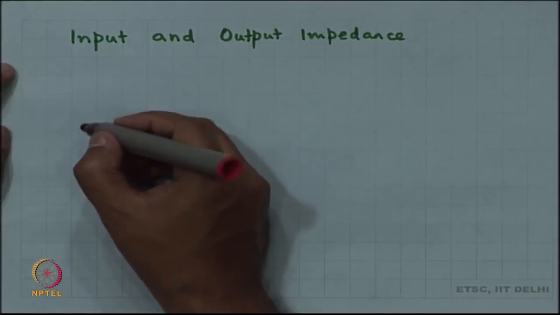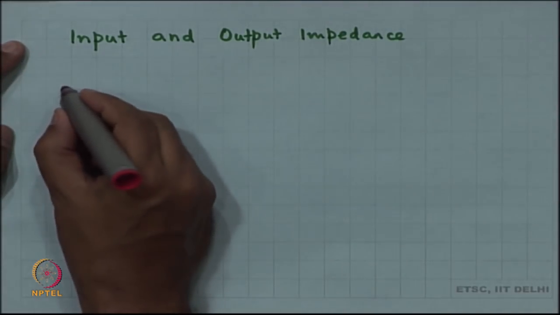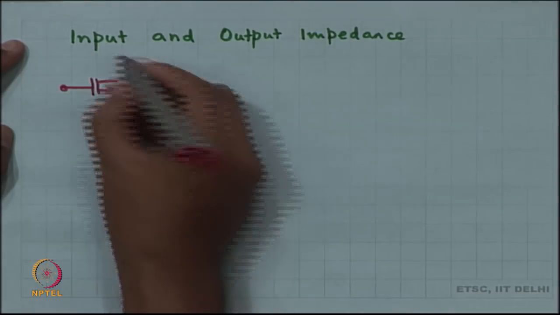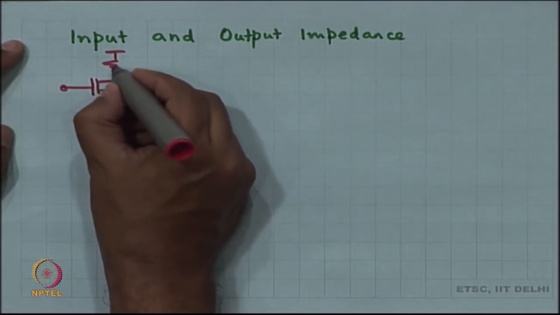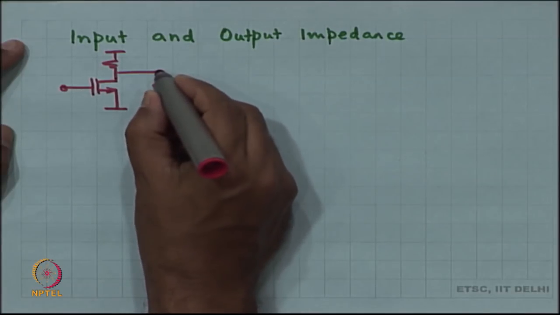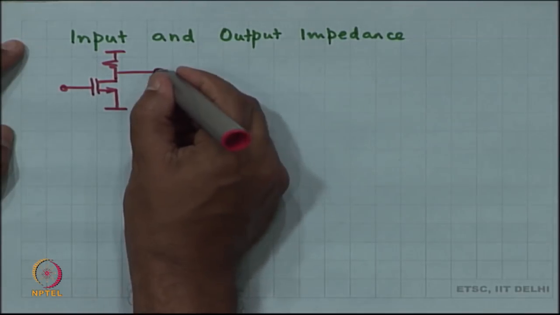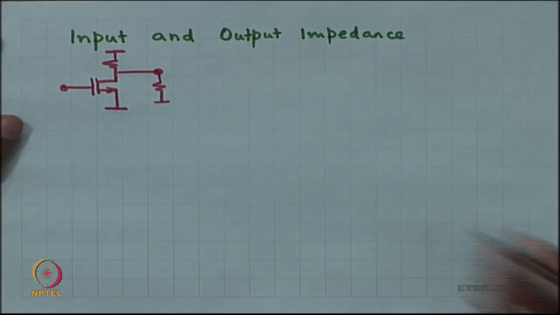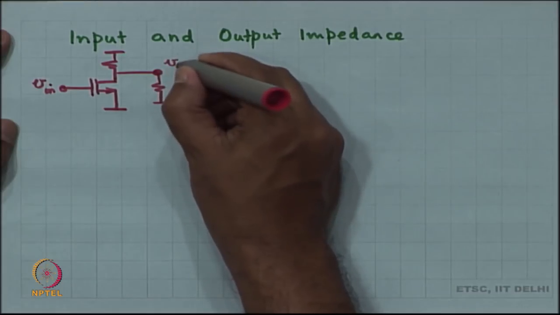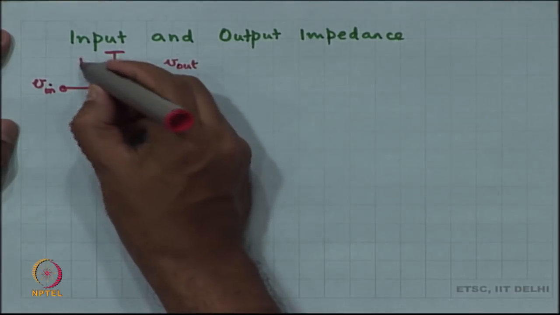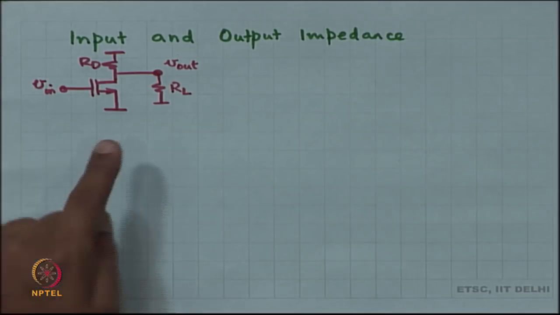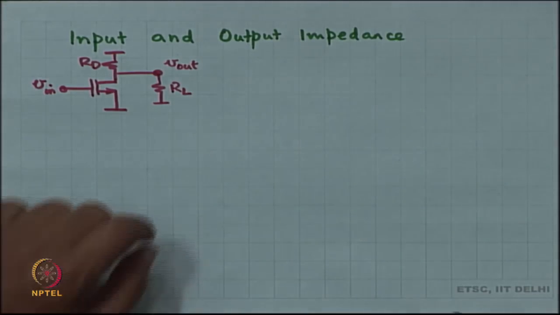So, we have 3 circuits. The first circuit was the common source amplifier, and I am drawing only the small signal model over here. This was the common source amplifier.